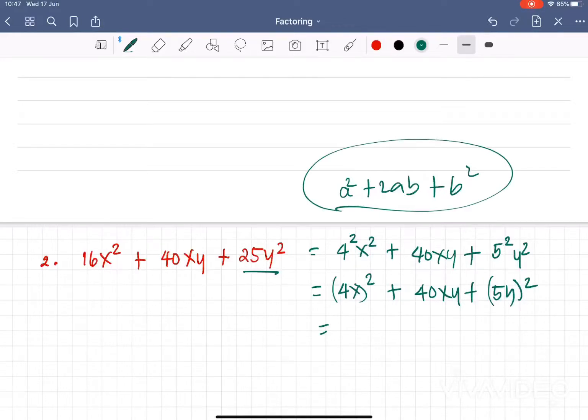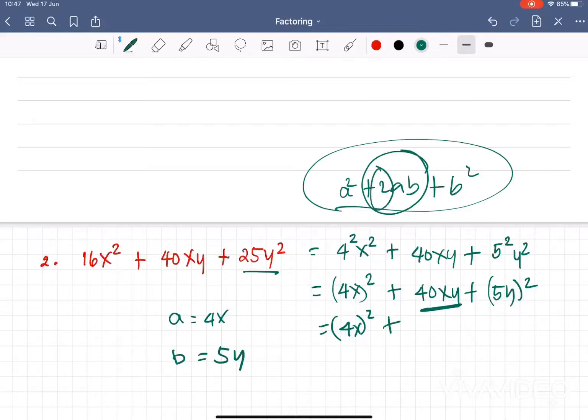Now, we know that a is equal to 4x, and b is equal to 5y. And let's break this middle term first, which is 40xy. For us to break that, we know from the formula that we have 2 here, so I will bring out 2.